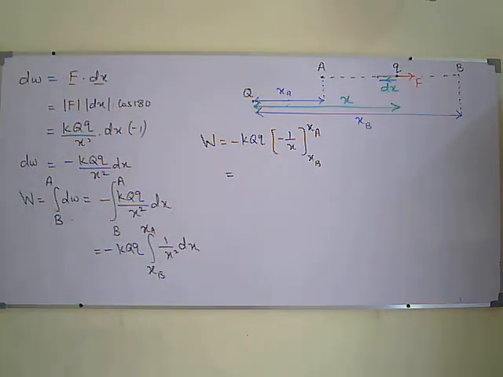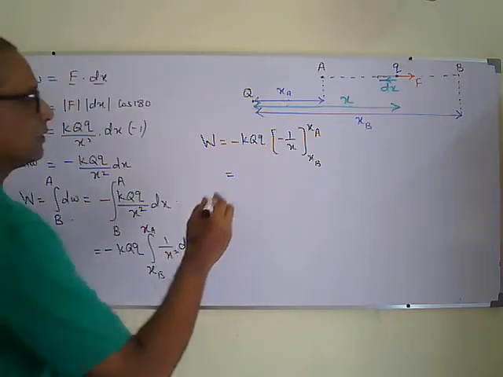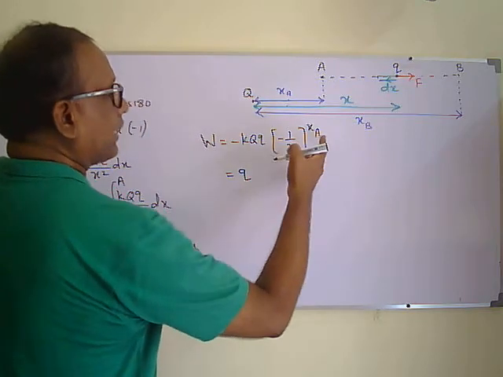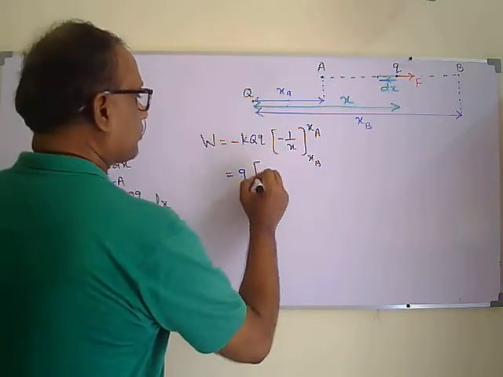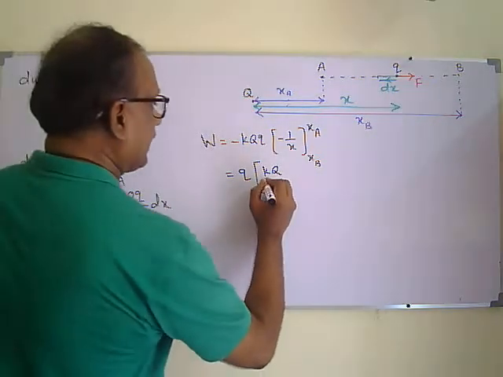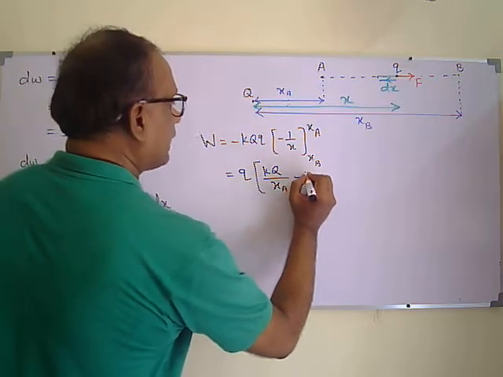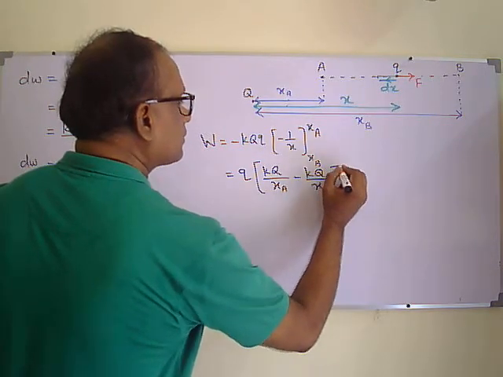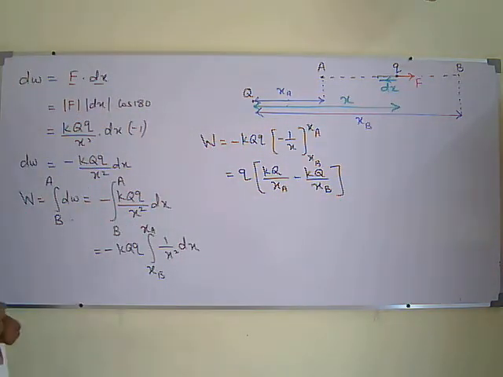So you will get the answer finally: q into kQ over xa minus kQq over xb. Solve it, you will get this answer.